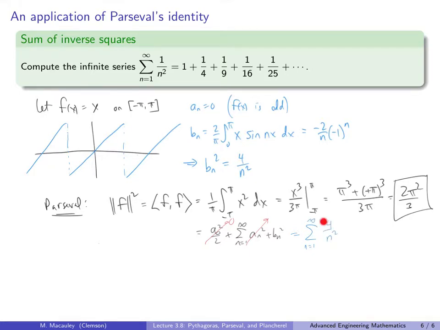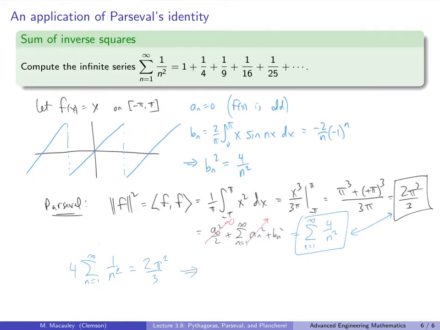Now this is almost what we want. What we want is 1 over n squared. So all we need to do is set this equal to 2 pi squared over 3, and we're done. So 4 times the infinite sum from n equals 1 to infinity of 1 over n squared equals 2 pi squared over 3.